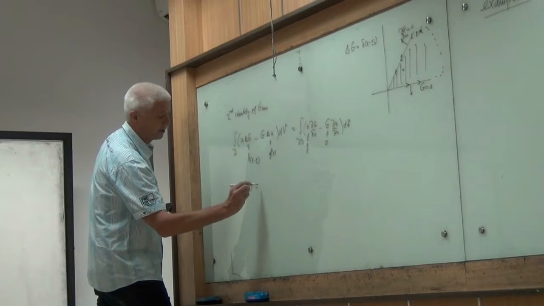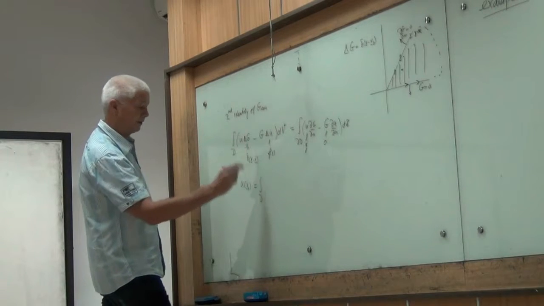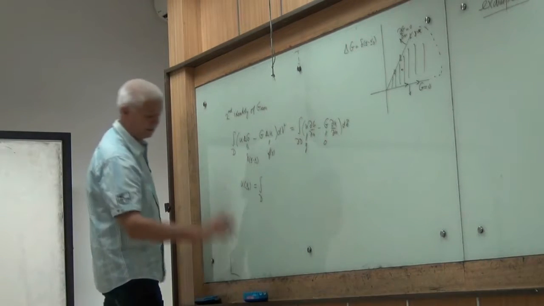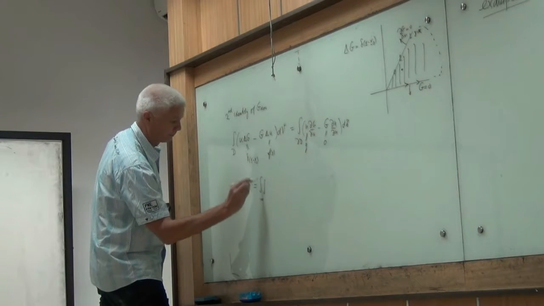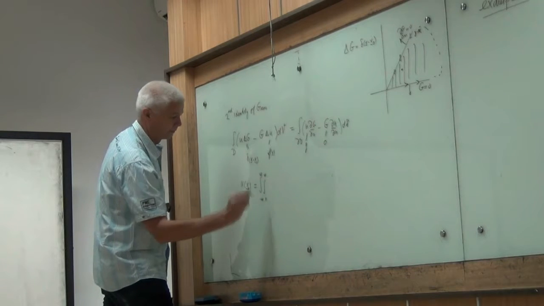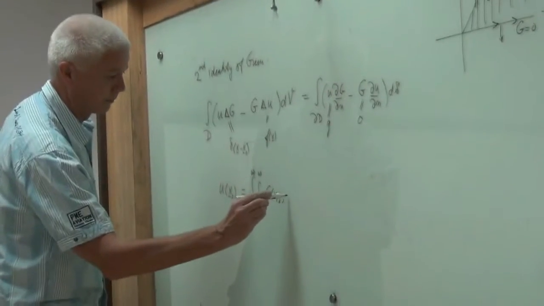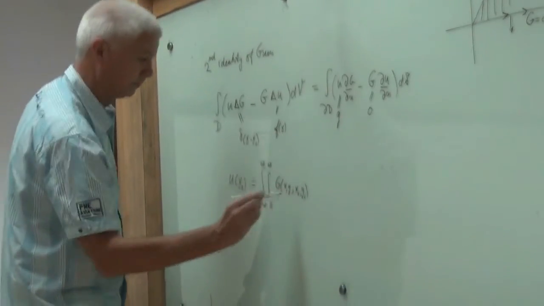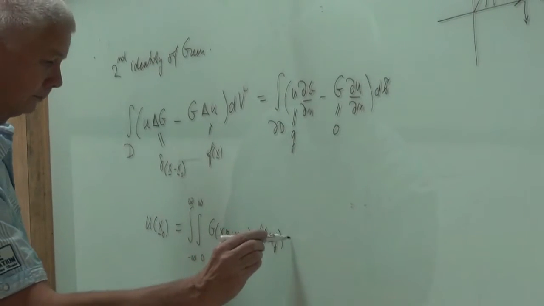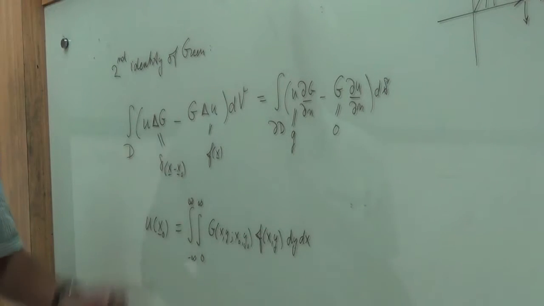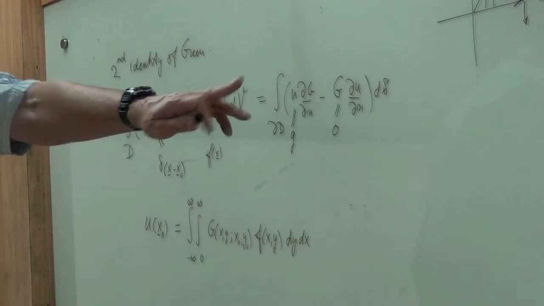So here you will find u(x0). Take this to the other side. It's the integral over my domain D, and that will be a double integral, where you substitute your g.